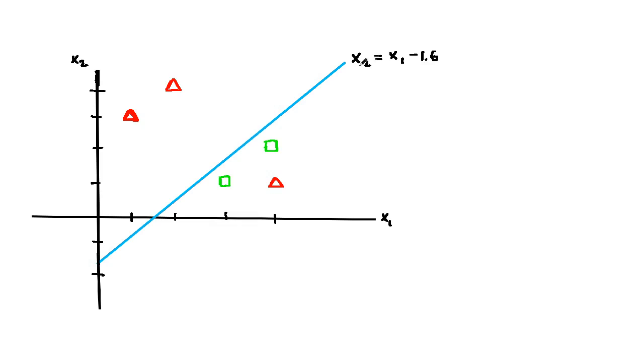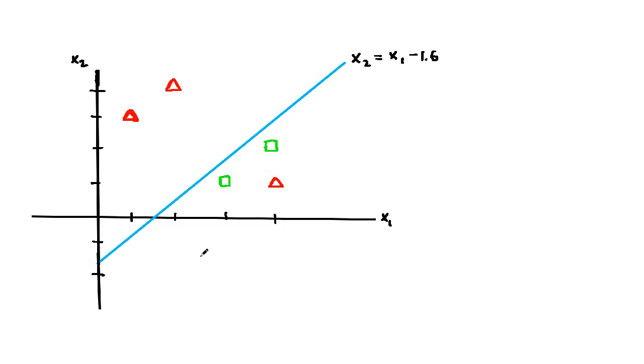x2 being greater than x1 minus 1.6 corresponds to the probability p hat of x being less than 1/2. So that's this region up here. x2 being less than x1 minus 1.6 corresponds to the probability being greater than 1/2.